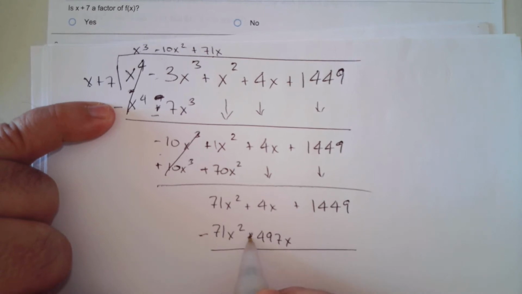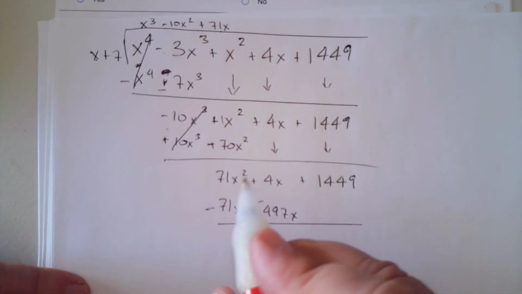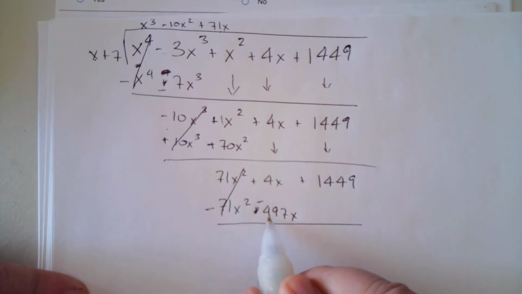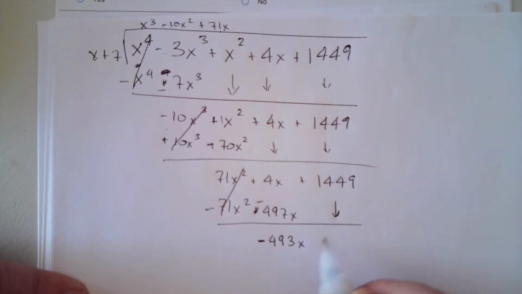Change the signs and add. Negative 497, so 497 minus 4 is 493x. Bring down the 1449.